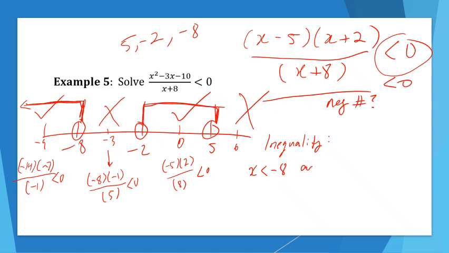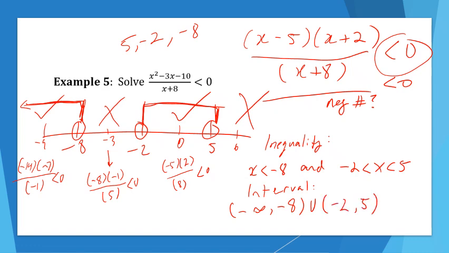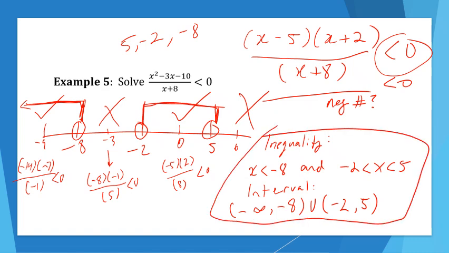And -2 < x < 5. So that'd be inequality form. In interval form, this should be -infinity to -8, union -2 to 5. So that should be our answer here. I would have accepted either one of those.